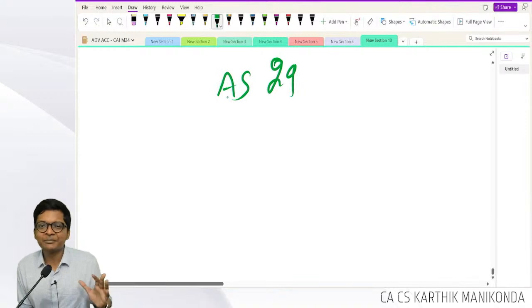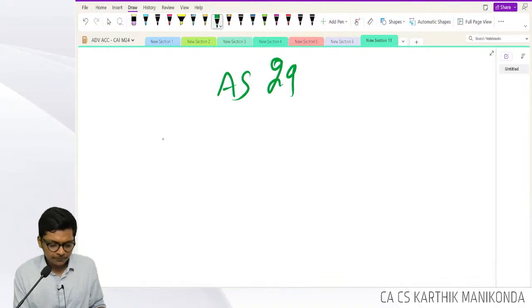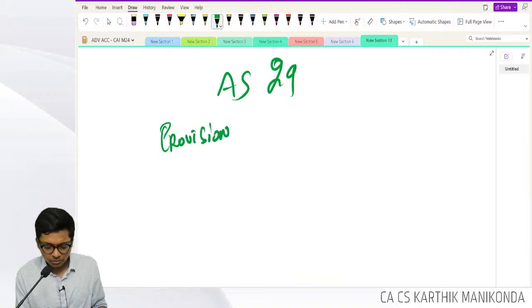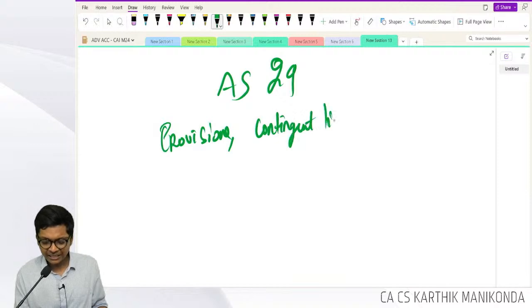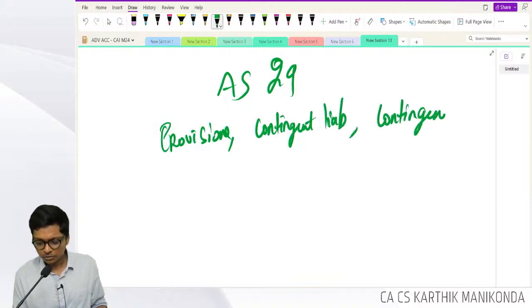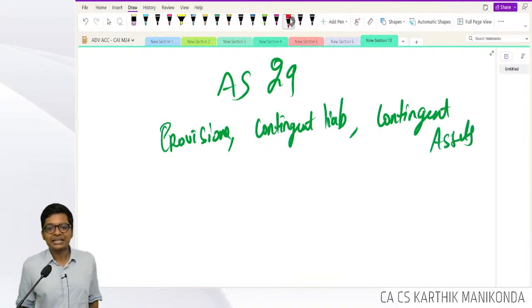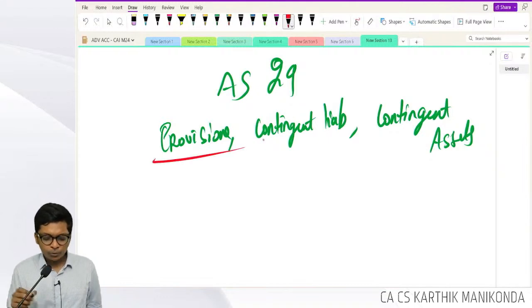AS 29 is simple, guys. It talks about provisions, contingent liabilities and contingent assets. That's all. They will give a situation and ask you, is it a provision, is it a contingent liability, is it a contingent asset?